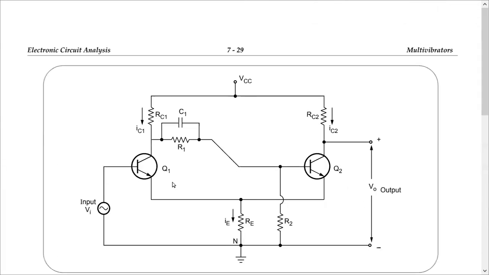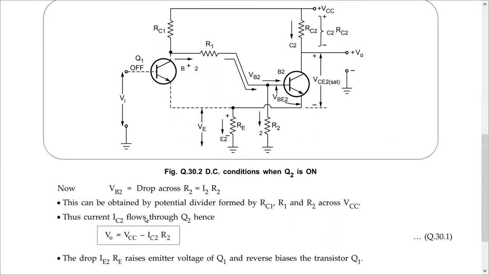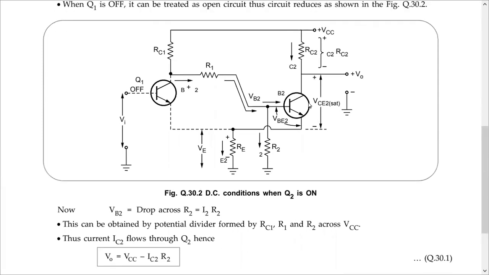What is the initial state of the output? That we already discussed. Initially, V0 was VCC minus IC2RC2. We discussed this, isn't it? Initially, Q2 is on, so there will be current flow, so V0 will be VCC minus IC2RC2.